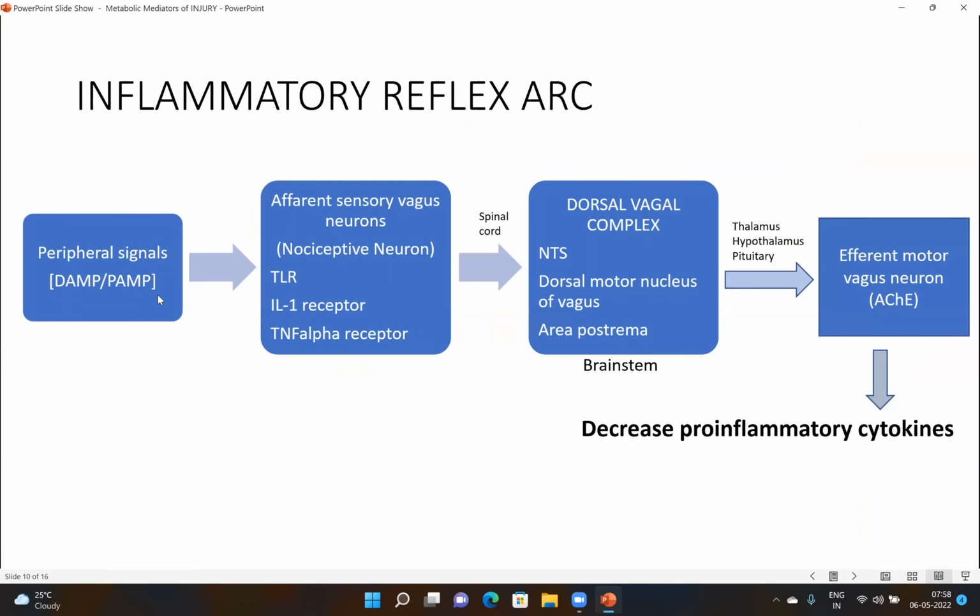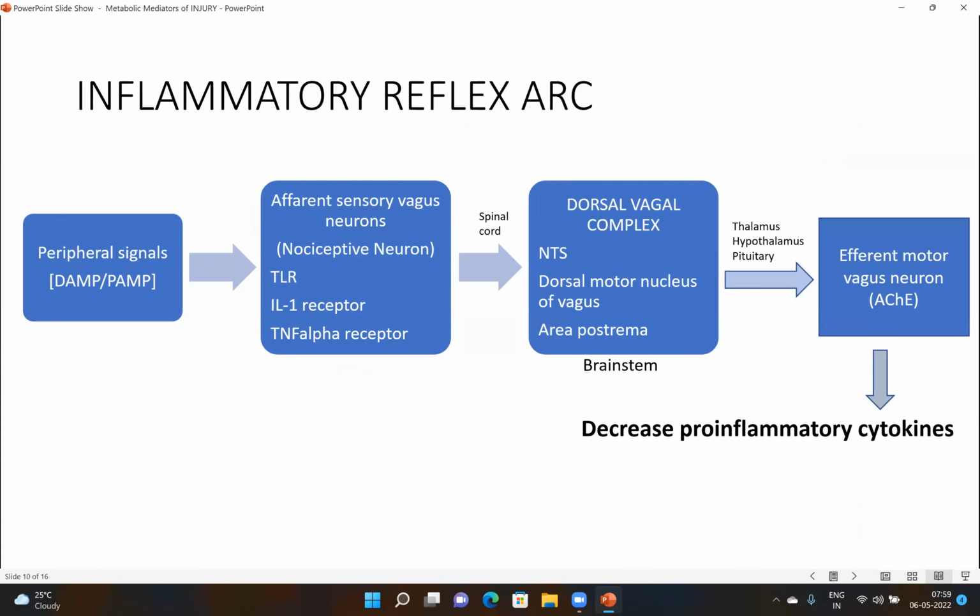Inflammatory reflex arc. The DAMP and PAMP are recognized by the peripheral sensory neurons, the nociceptive neurons, which produce signals. These neurons also have TLR, IL-1 receptor and TNF-alpha receptor.